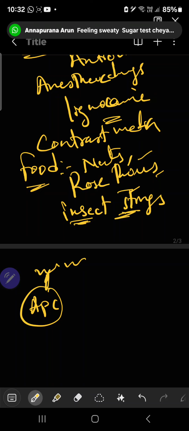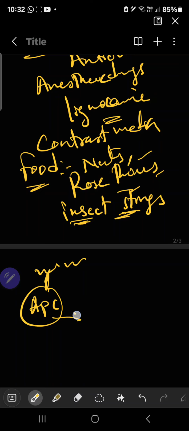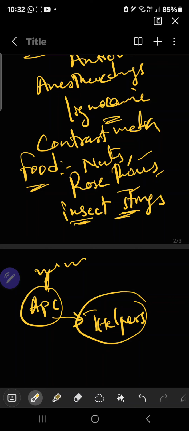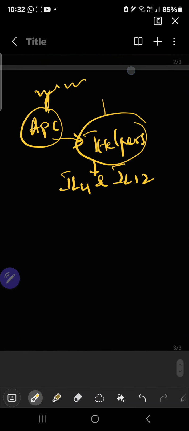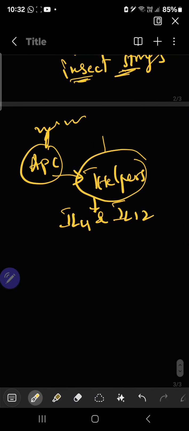This will recognize this antigen and present it to T helper cells. T helper cells will release inflammatory mediators, for example IL-4 and IL-12, and these will be taken up by B cells.